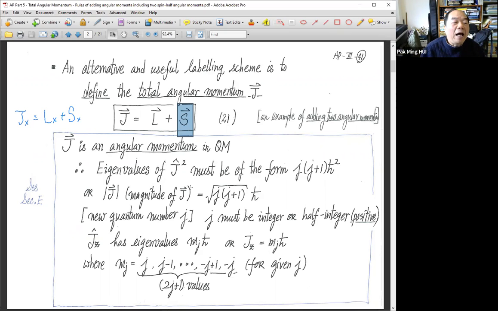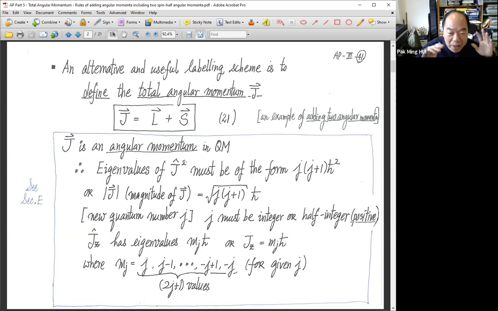All right. And then J square is defined as L plus S square. Again, you can show that J square commutes with Jx, Jy, Jz. Thereby, J satisfies the same 6 commutation relations that we called angular momentum, to define angular momentum in quantum mechanics.